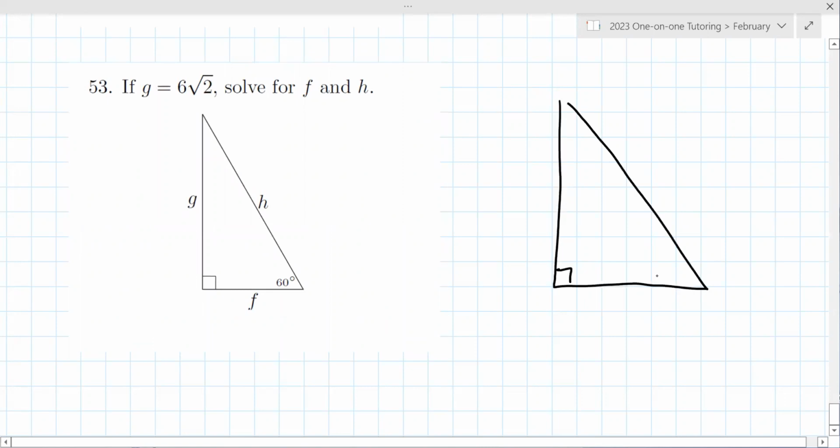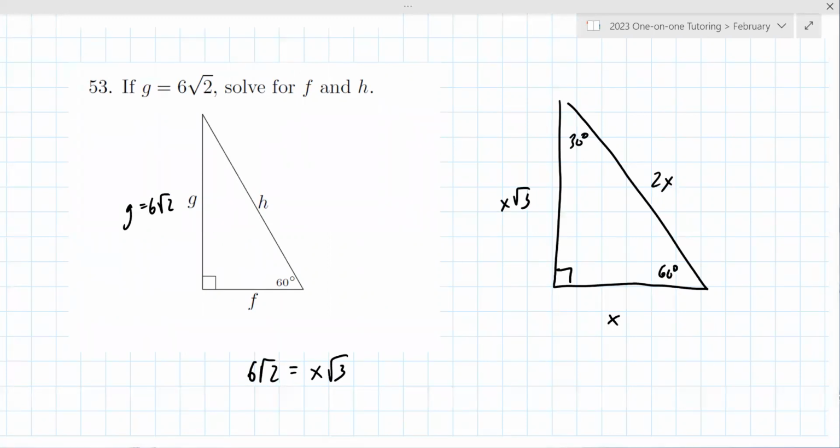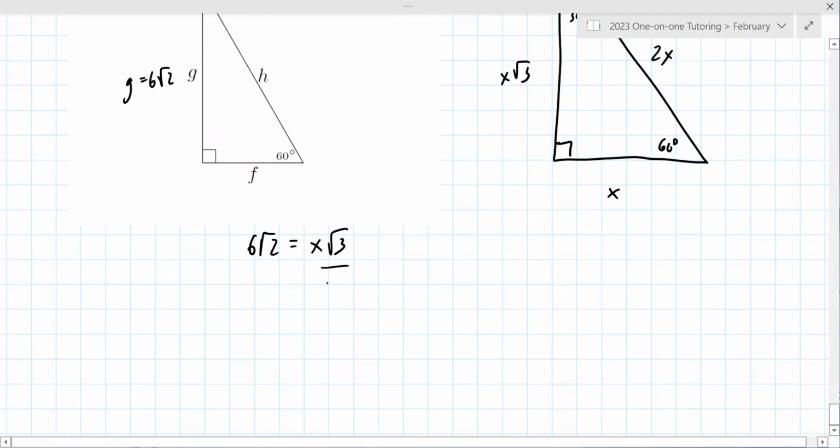So it's X, 2X, X root 3. And in this problem, they're saying G equals 6 square root of 2. So you're setting 6 square root of 2 equal to X root 3. Just like before, we've got to solve for X. So we've got to divide by square root of 3.